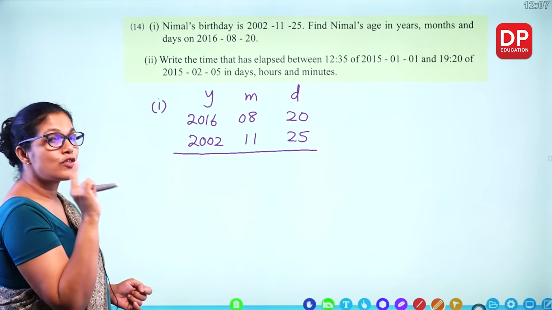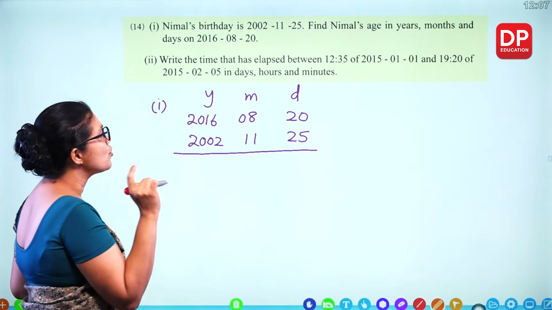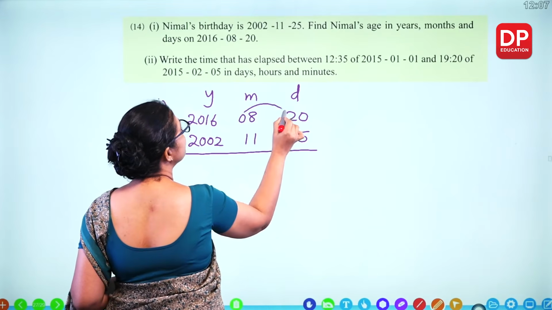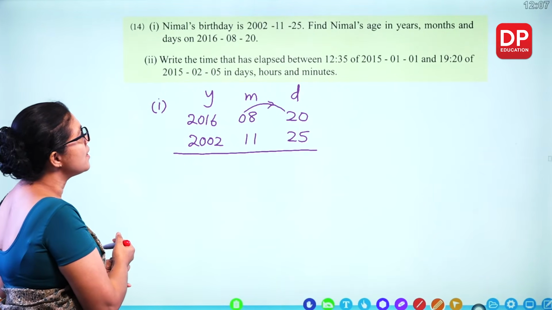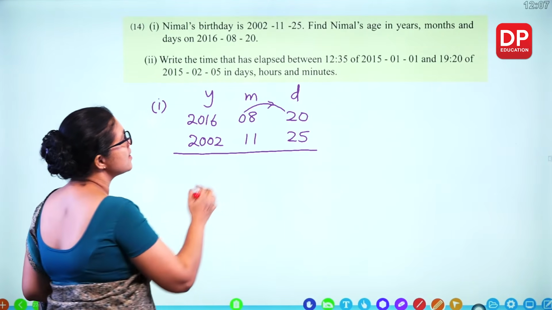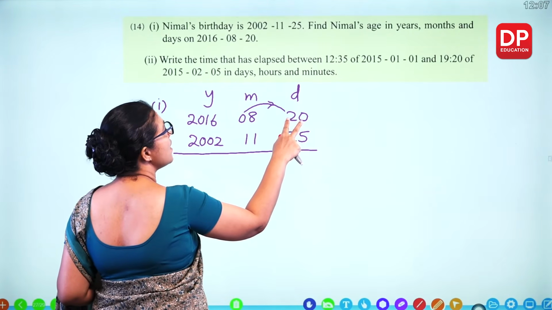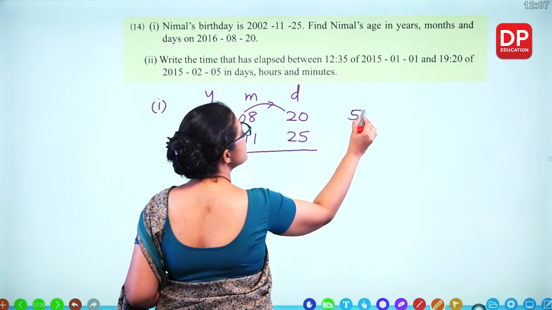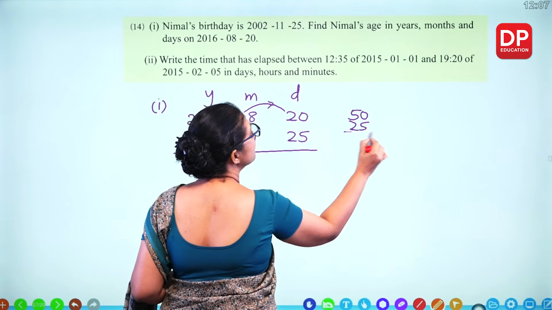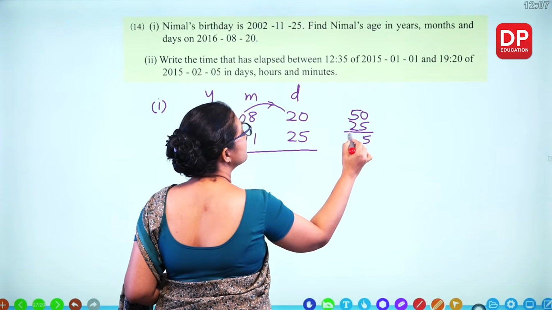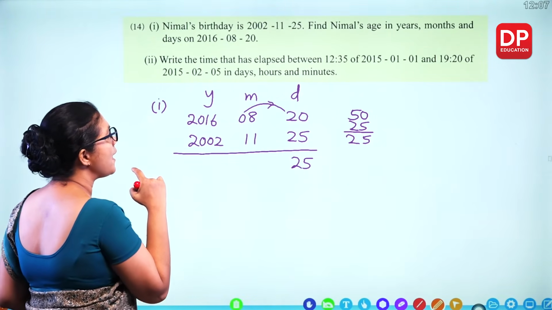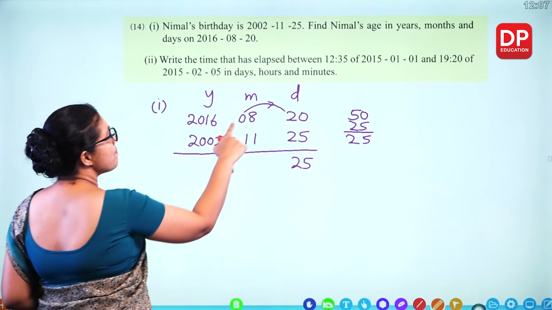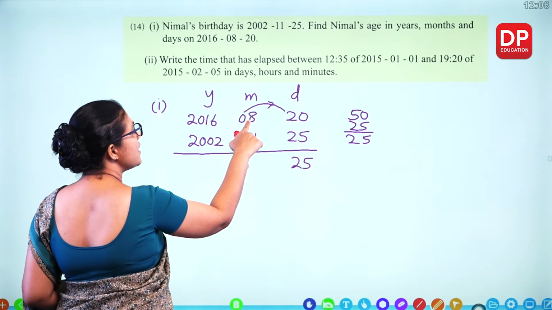You can't subtract 25 from 20, so you take 30 from there. 30 plus 20, 50. 50 minus 25, 25. Then you get 7 here.